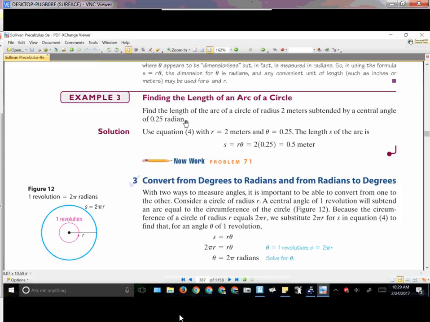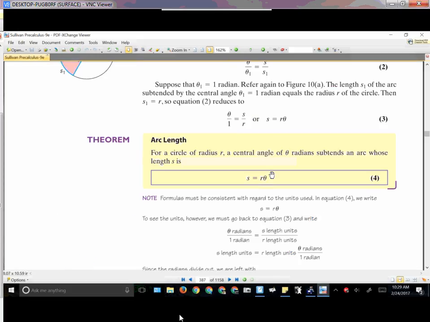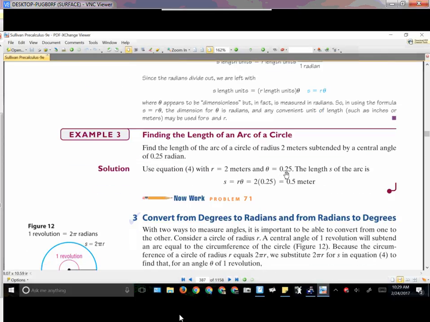Okay. So radius is 2. Because theta is in radians and this formula is identified in radians, I don't really have to do much of anything except for multiply. Now, if the measure was given to us in degrees, I'd have to convert. If it was given to us in rotations, I would have to convert. But because it's given to us in radians already, it's just going to be 2 times 0.25, which means it's going to be half a meter.